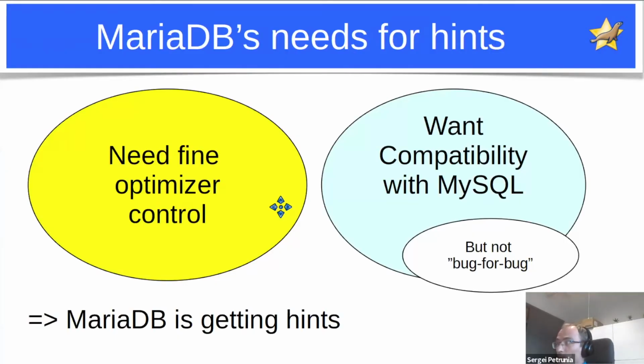To be compatible, but probably not bug for bug compatible, not 100%, but still allow some reasonable degree of hinting. We can notice that MariaDB also has an optimizer with quite a few differences from MySQL's, so we can't really have the same hints.